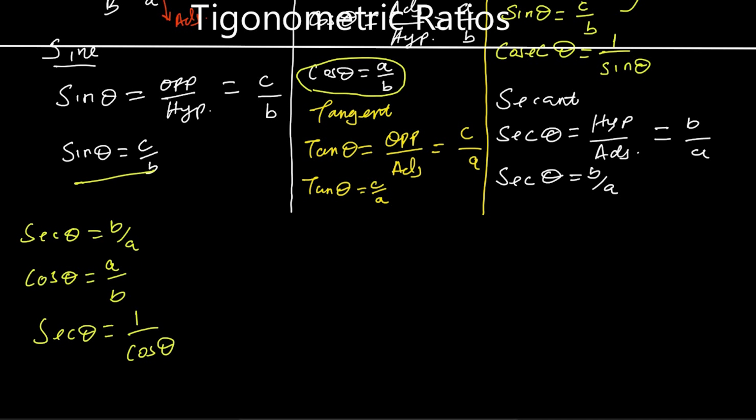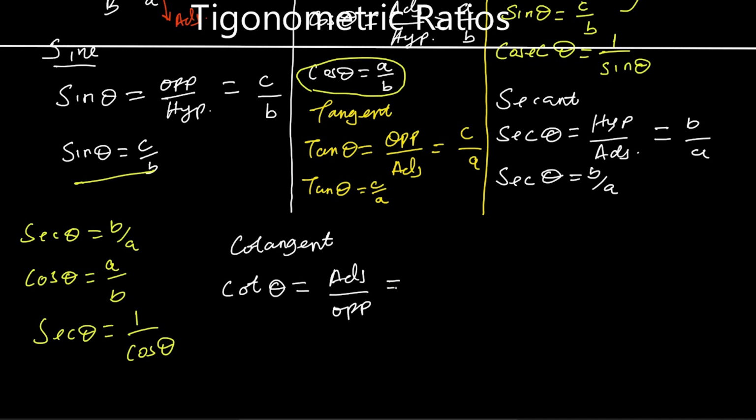Now moving on to our last trigonometric ratio for the day, that is the cotangent, and we shorten it so that it is cot. So cot theta is defined by the adjacent side divided by the opposite side.